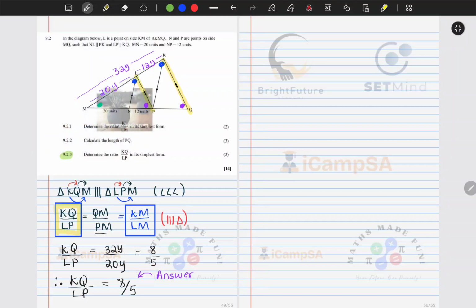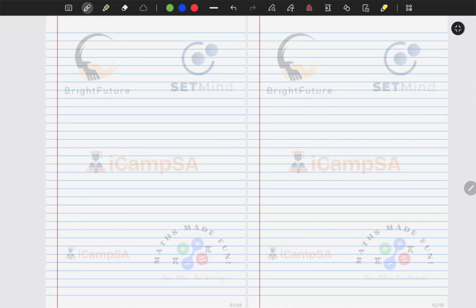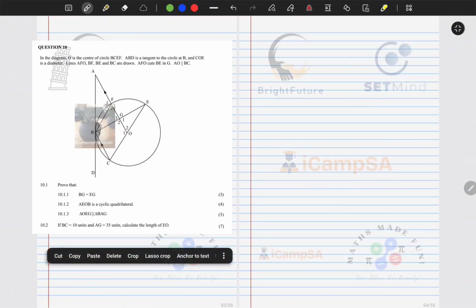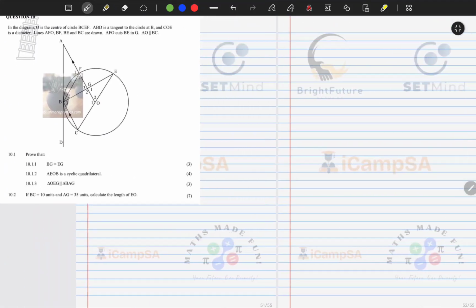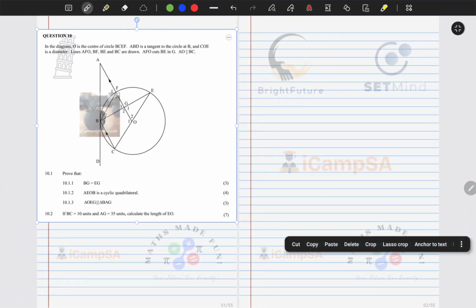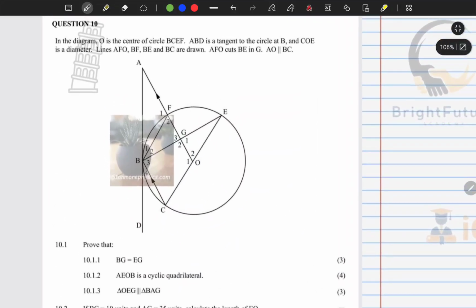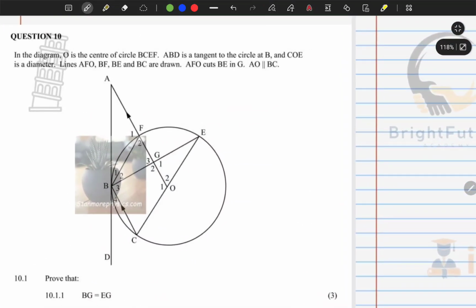Right, so let's go and cook the next question then. So let's move it a couple of pages back. Let's leave it here. Right. So the statement reads, in the diagram, O is the center of the circle B. They're just telling us the edges, if you look carefully, it's BC, EF.